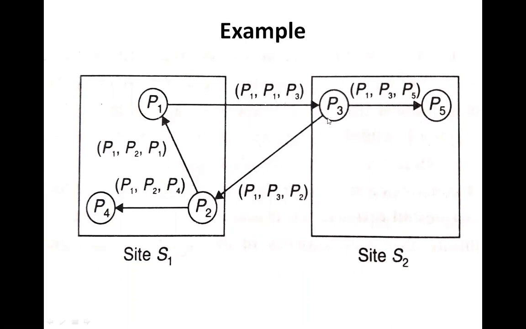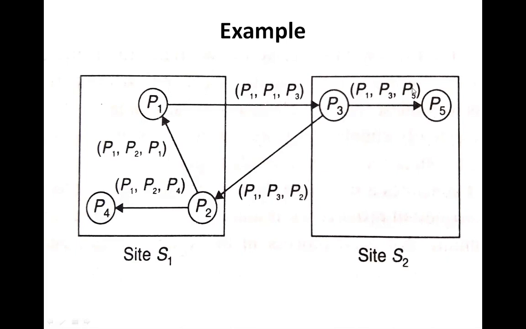When P3 receives this message, it finds out whether it is itself blocked, and it finds that it is blocked by the process P2 as well as by the process P5. So there are two processes blocking P3. P3 will forward a probe message, keeping the first identity element as it is, replacing the second by its own identity, and the third will be to whom it is sending.